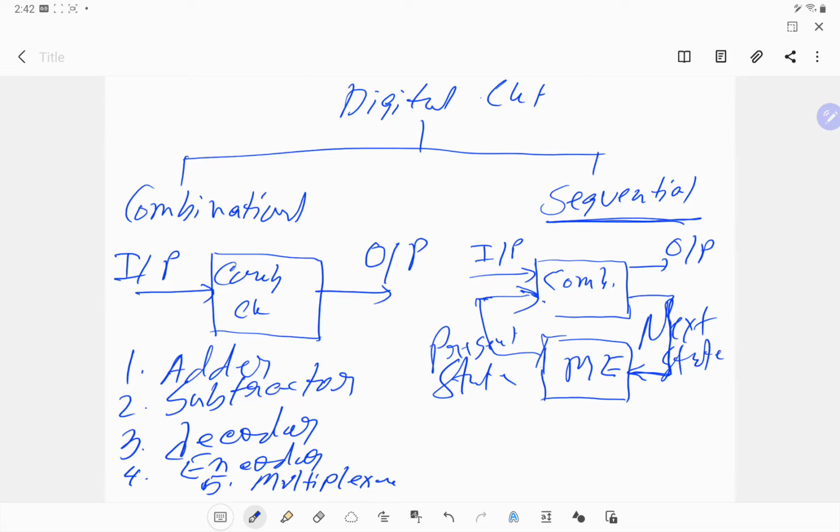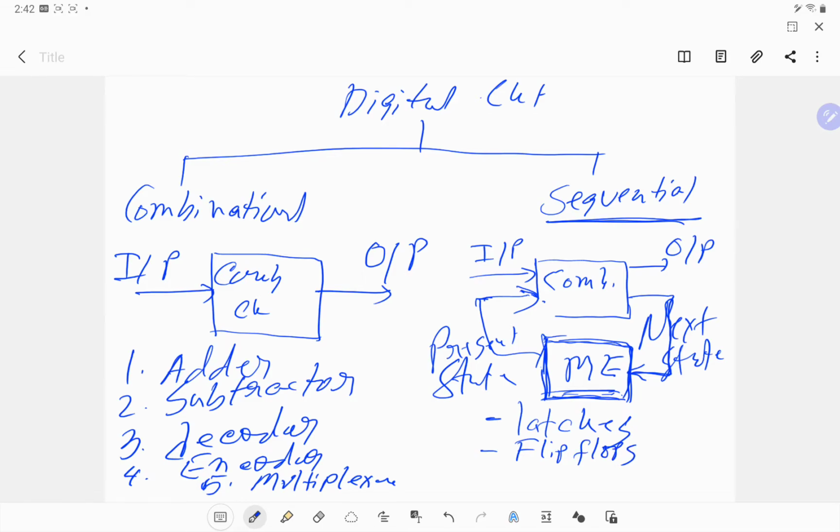When we study sequential circuits, we start with latches, which are the fundamental components of the memory elements. Then latches have some limitations, so we study flip-flops.